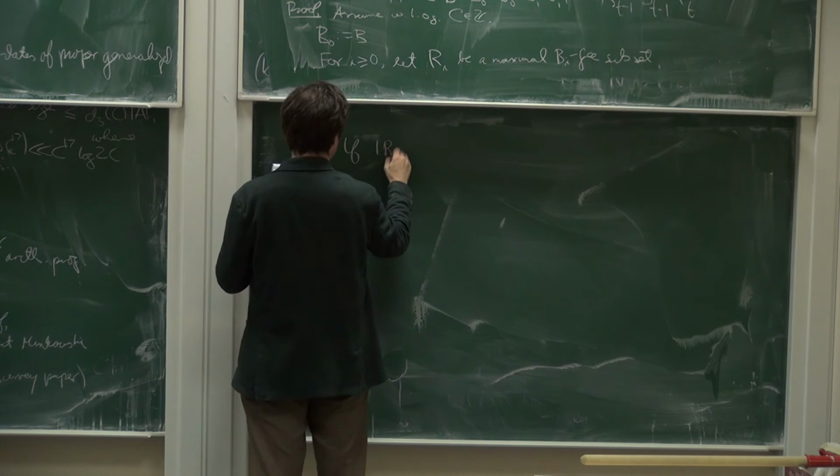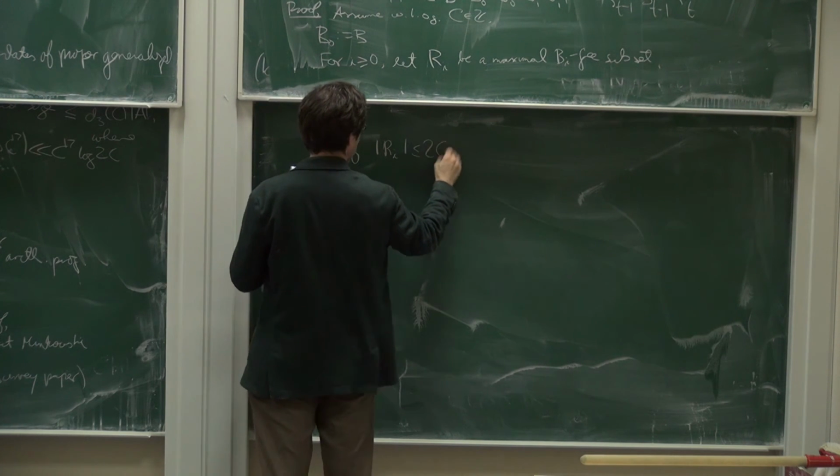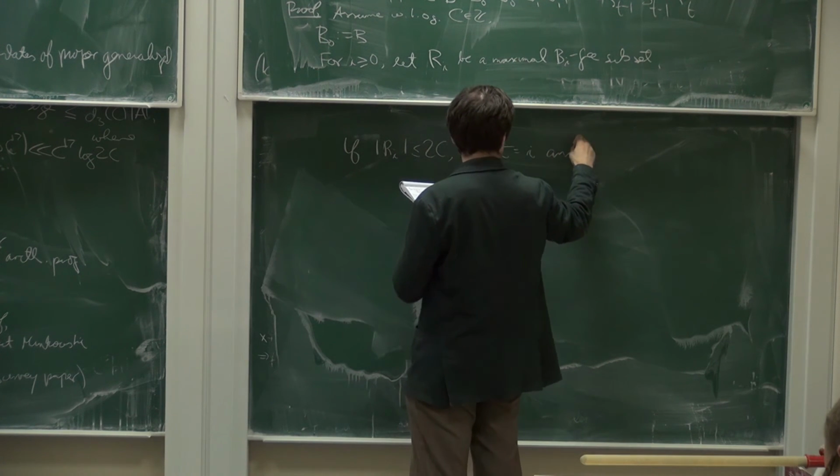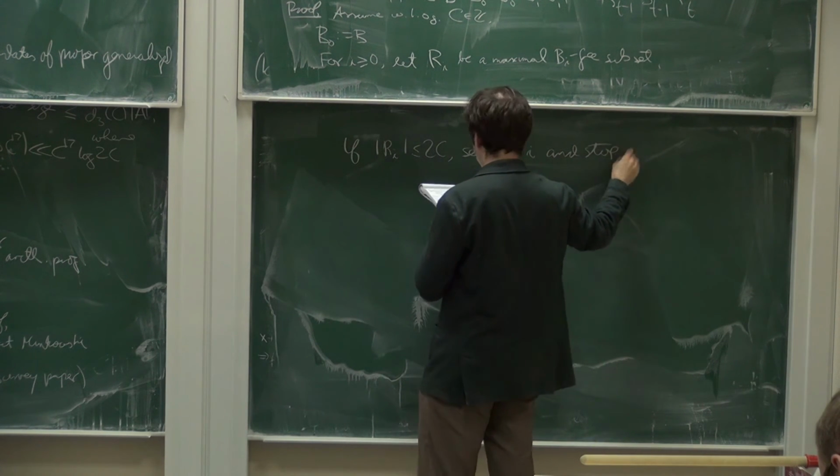If Ri is already small, we set t equal to i and stop. Stop as in a computer program. If not, we proceed with a loop.